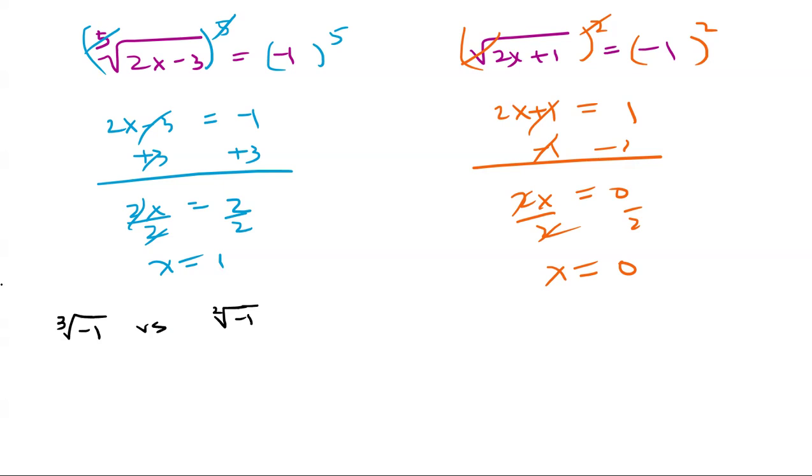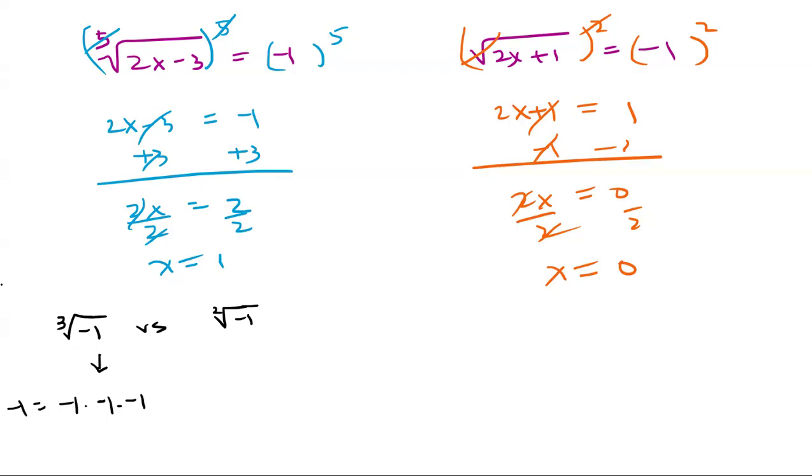So what do I mean? That means I need to multiply inside this radical -1 three times. And if I do that, is it going to produce -1? So if I have -1 times -1 times -1, is that going to equal -1?